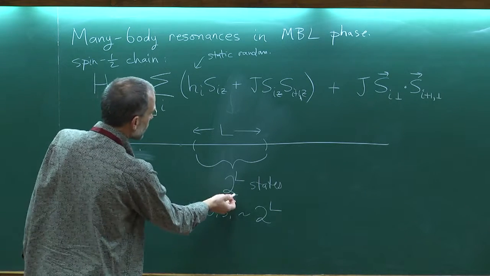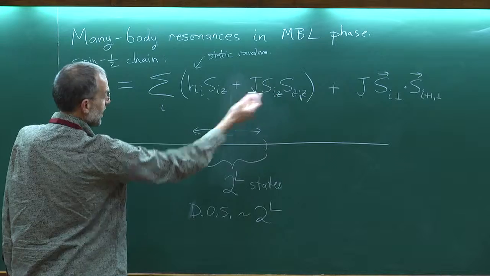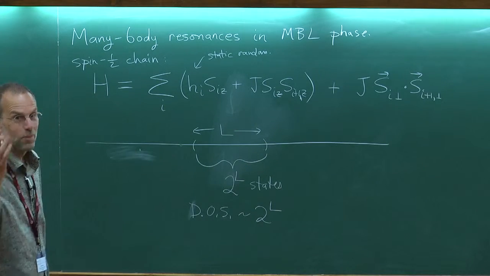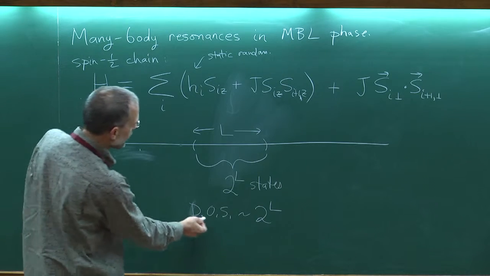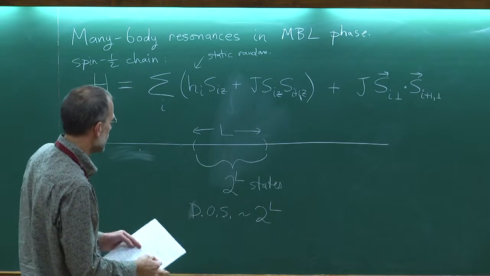But there's 2 to the L states in there because I've got L spins and I can put them all up or down. I'm talking about many-body states. So we have a density of states which goes as 2 to the L, up to factors of, you know, I'm focusing on the exponential factors.